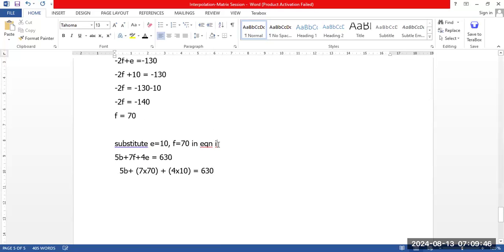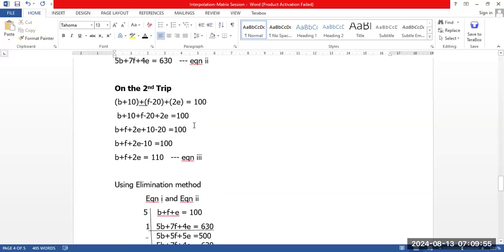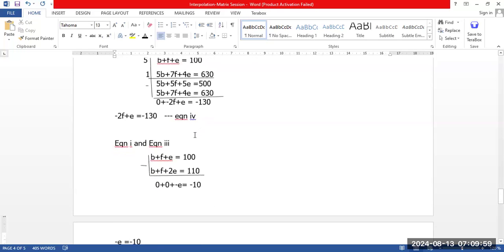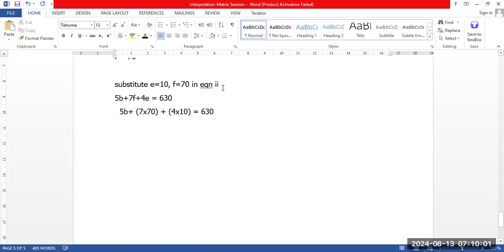This is equation 2. Oh, yes, it is equation 2. But I said you can substitute in any, you will get the same answer. Another person can substitute in equation 1, or another person can substitute in equation 3.